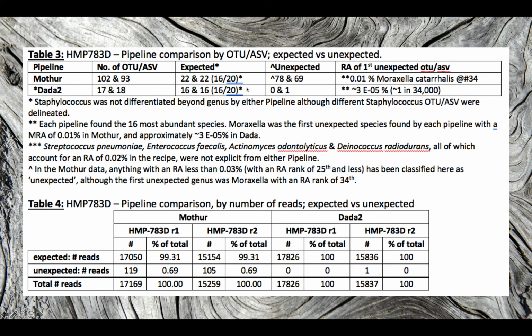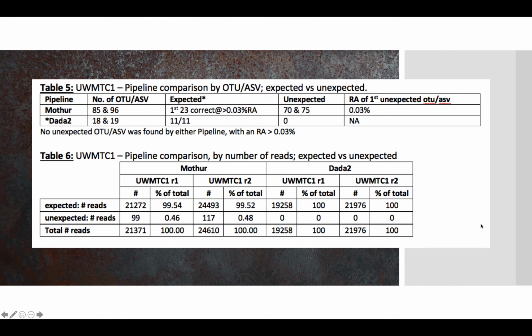So they only found one of the 0.02 species, and that was the species that overproduces through the PCR, and that was at 0.04%. But again, Dada2 is much cleaner. Here you see the unexpected reads compared to Mothur. Dada2 is much cleaner data, and they both found 16 out of the 20. They both found the same.